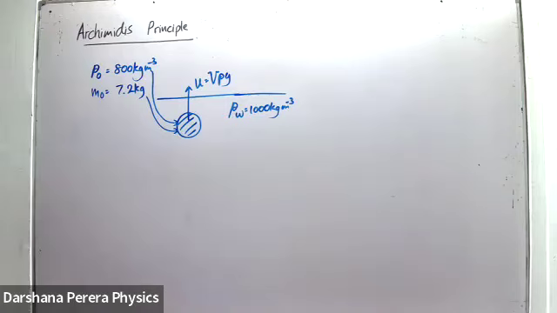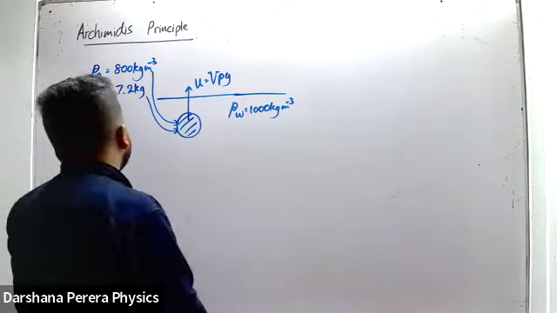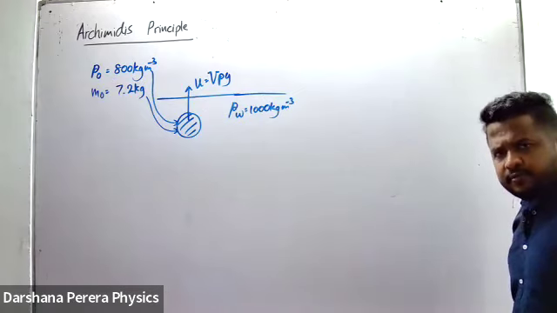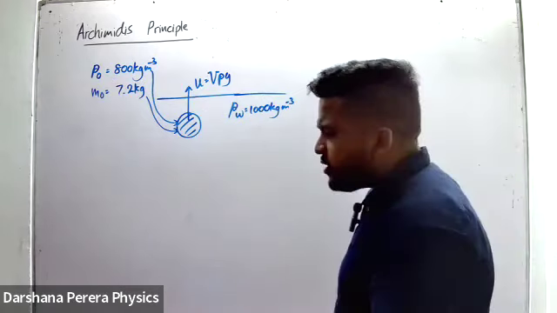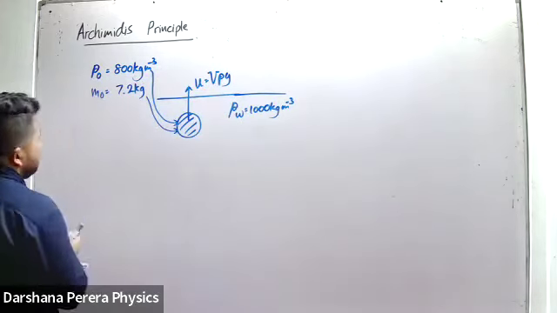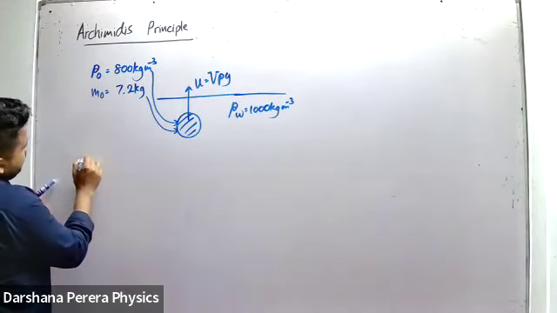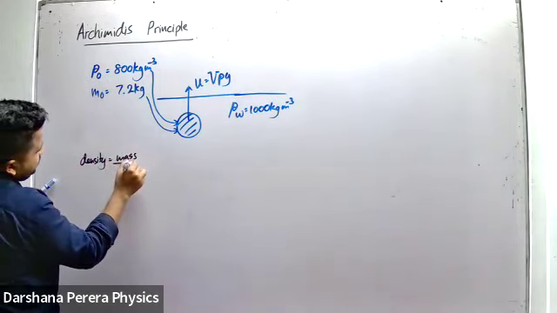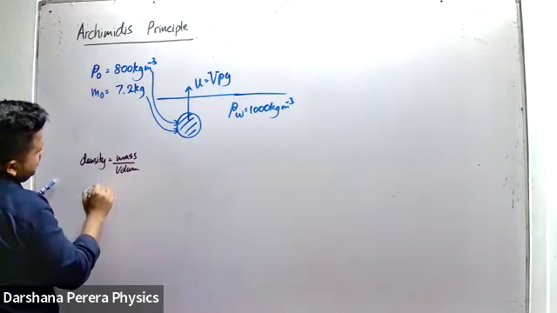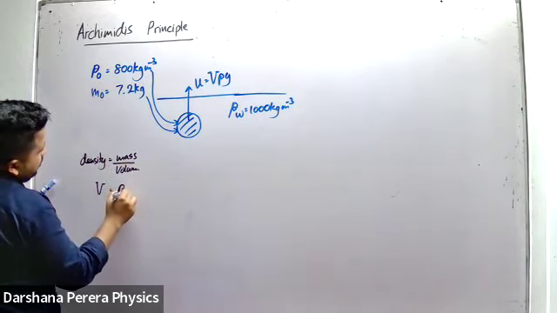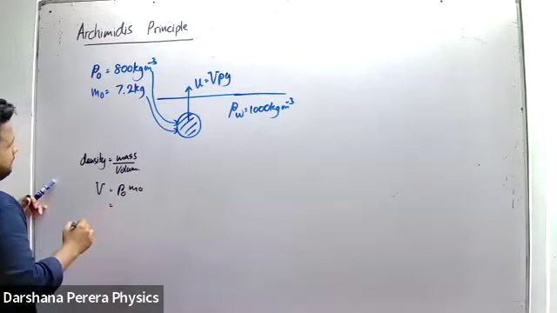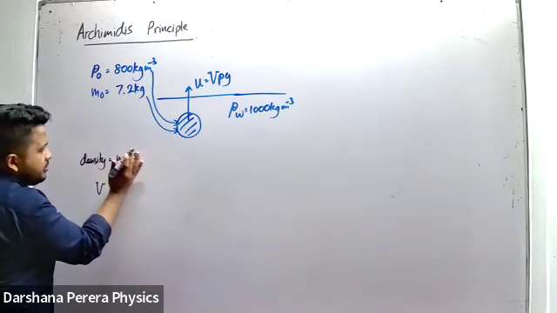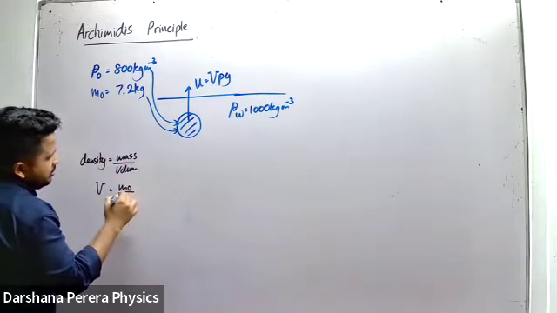Okay. So first of all, we have to find out the V of the object. So how can we find out the V of the object? So we know density equals mass over volume. No? Therefore, volume equals m naught over rho naught.